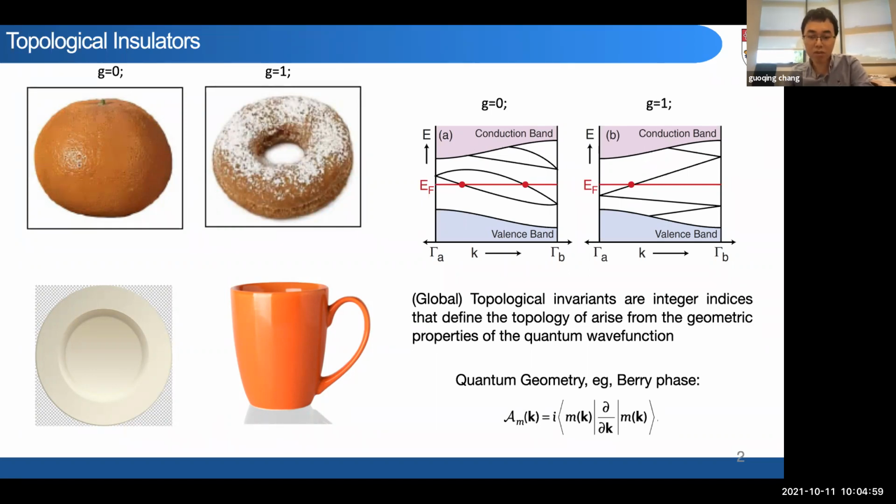In principle, we try to study the quantum wave functions of the system. For example, here I give the formula of the Berry phase, from which we define some topological invariants, which are usually integers. These integers give us a definition of the topology of the system. For an insulator, where the bulk bands are fully gapped, it's possible there are some surface states in between them.